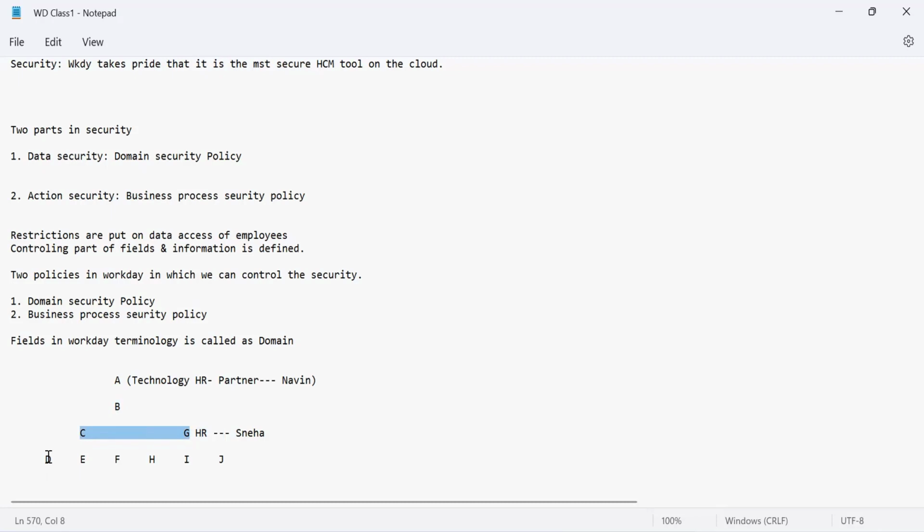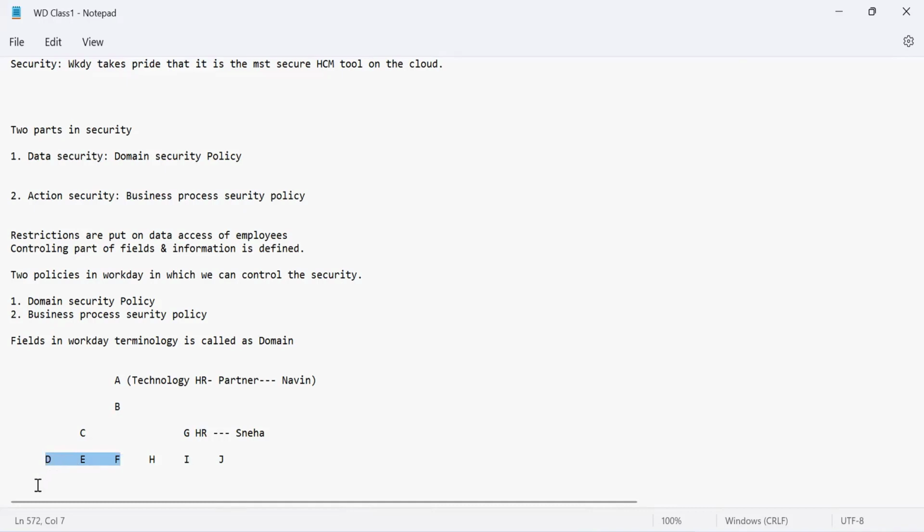And then D, E, F are reporting to C, so they are maybe team leads or managers. And H, I, J are reporting to G. Because we have created a supervisory organization, the concept is we create a supervisory organization only for a manager or somebody who has at least one reportee. So each of them are managers, right?